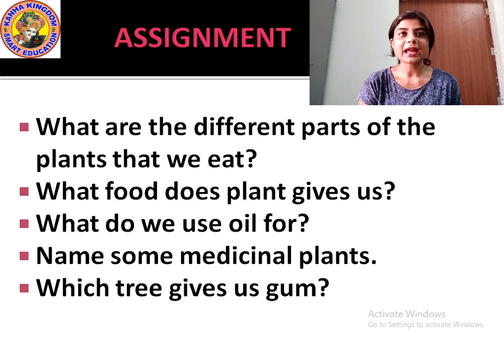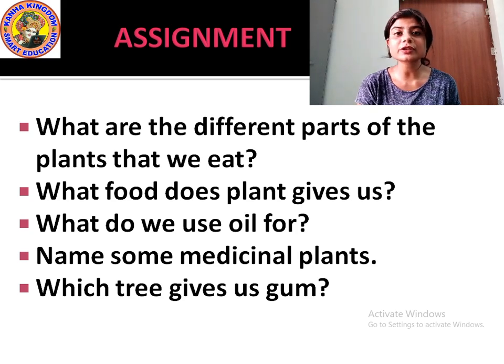Then, what food do plants give us? Plants give us different kinds of food like vegetables, fruits, cereals and pulses, tea, coffee, sugar, cocoa, etc. These are the different kinds of food obtained from plants.